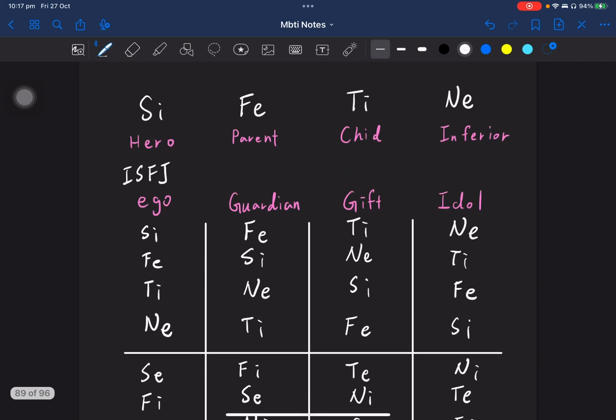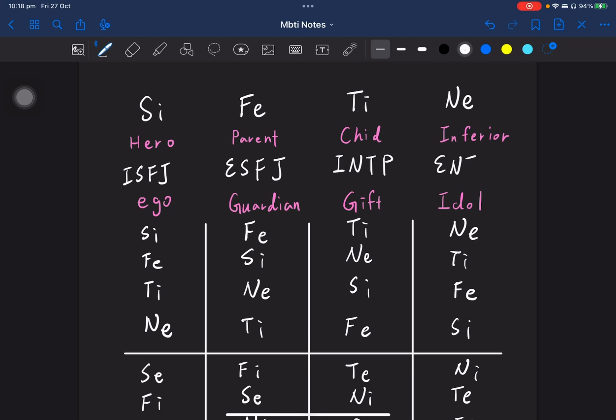Okay, so now we can fill out the type code. FE and SI, so definitely an extrovert, SF, and since it leads with an extroverted judging function, it's a J. This one is an introvert, NT, and P. This one is an extrovert, and T, P. The next thing you can observe is this one becomes extrovert here, and this one becomes extrovert here, and vice versa. If this one is introvert, then this one is an extrovert.